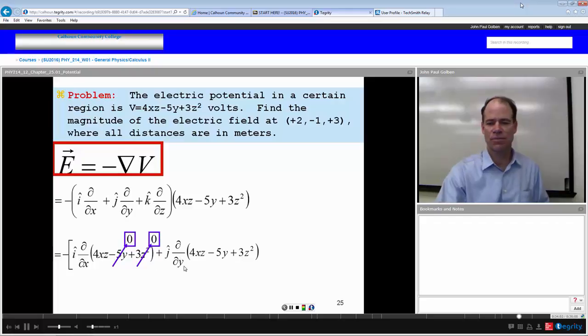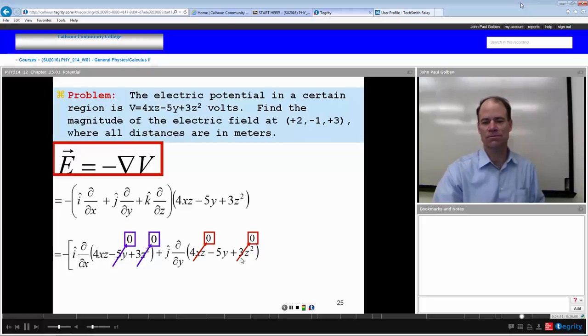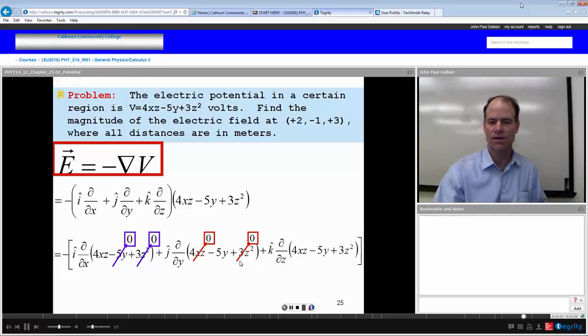Do the same thing, partial derivative with respect to y. Again, everything that isn't y is treated like a constant in the partial derivative. So the 4xz will be 0, and the 3z squared will be 0. And if I take the derivative of the negative 5y, I'll just be left with a negative 5. Partial derivative with respect to z, same idea.